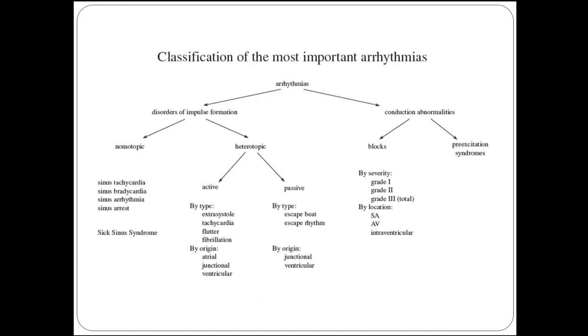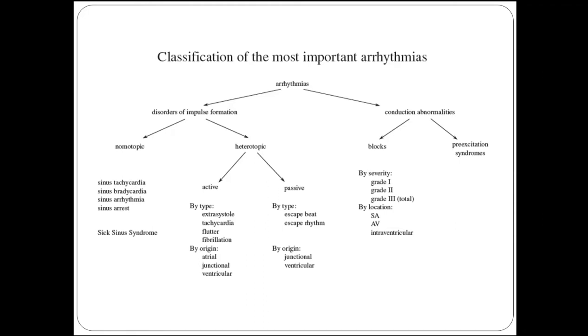We first started with the fact that we can have arrhythmias when we have an abnormality of impulse formation. What does it mean? We can have an arrhythmically generated impulse that doesn't come in time, or comes faster or slower, or is not originated from the SA node.